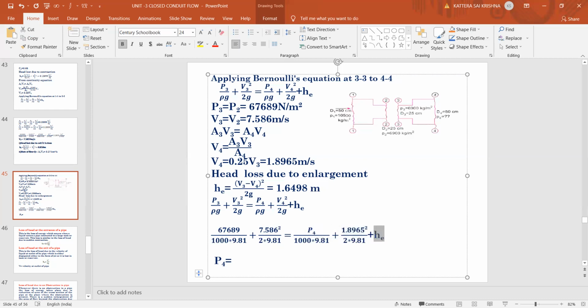HE value is there, so HE is 1.6498. Right. So after solving this, you can find P4.